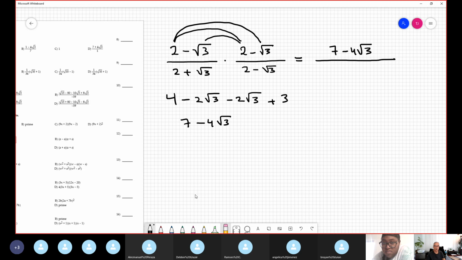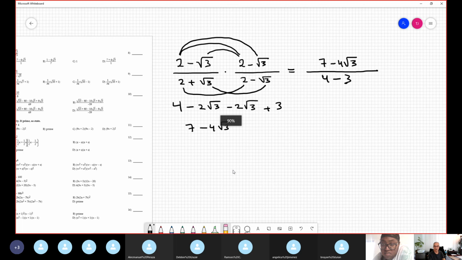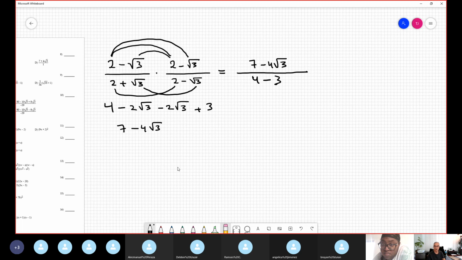The answer in the bottom is super easy because you apply the special product: 2 times 2 is 4, minus radical 3 times radical 3 is 3, and 4 minus 3 is 1. And 1 is an invisible divisor. Therefore, the answer is just 7 minus 4 radical 3 over 1.